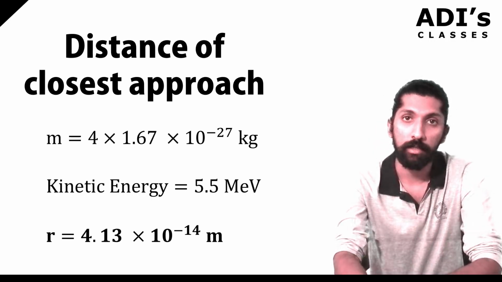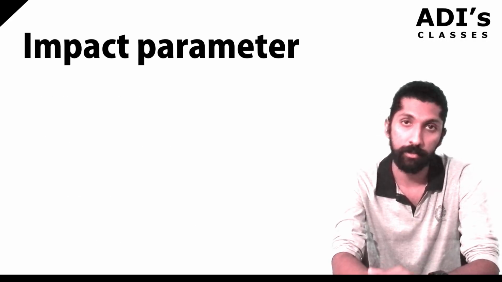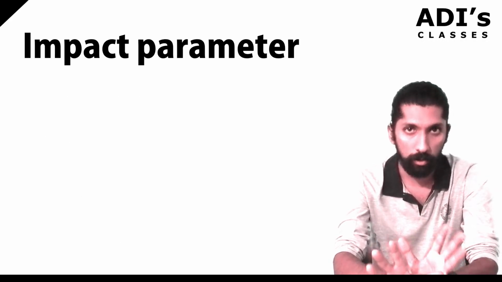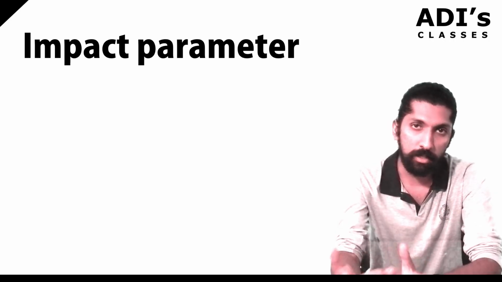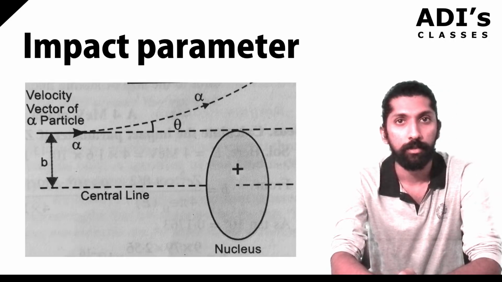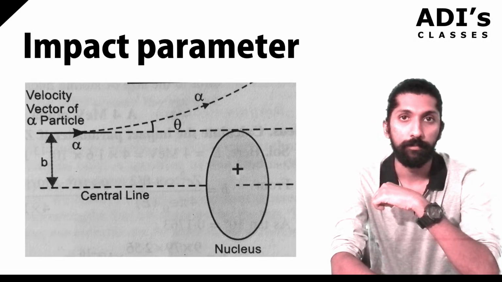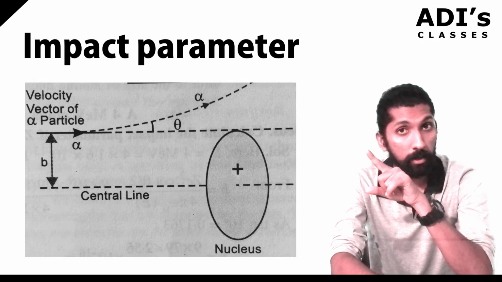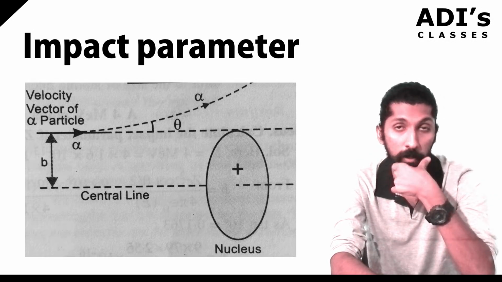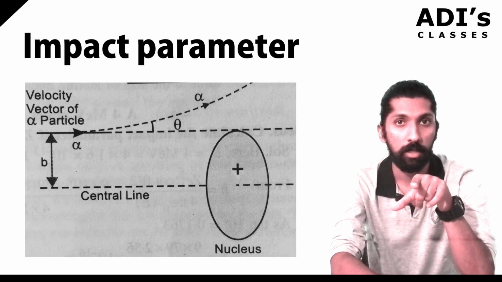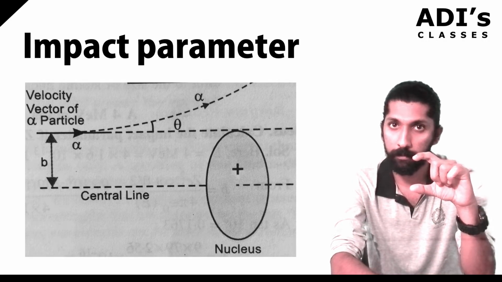Another parameter is called the impact parameter. To understand the impact parameter, let's have a look at this image. What you see here is the nucleus, correct? And then an alpha particle is coming straight, but it's not coming directly towards the nucleus. We have some perpendicular distance, right?